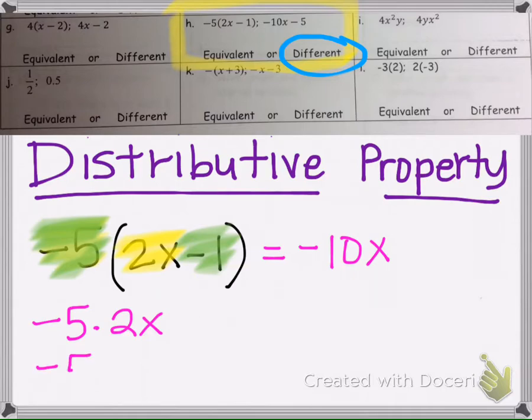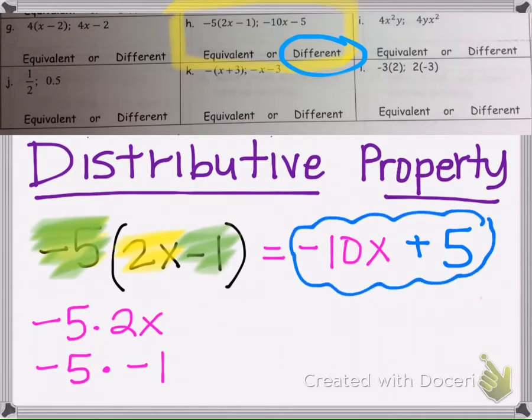So we have a negative 5 times a negative 1, which is positive 5. So we're going to write plus 5 here. So we would get negative 10x plus 5, but the one that we were given here is negative 10x minus 5. So these two are not equivalent, they're different.